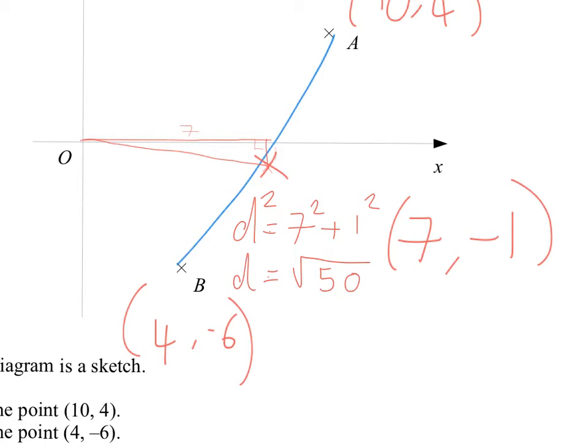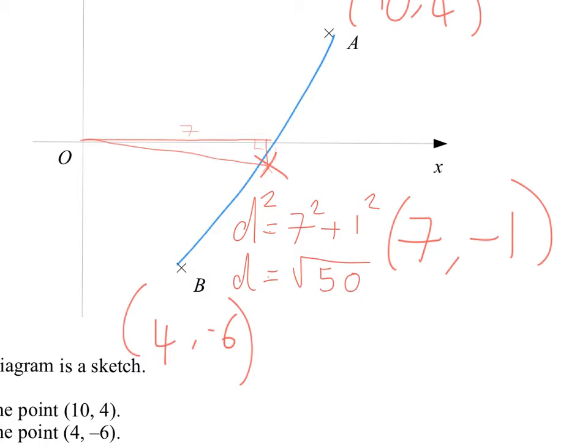But the only problem is it wants it in the format of k root 2. So we're going to simplify the surd to get the final marks. We're going to simplify root 50.